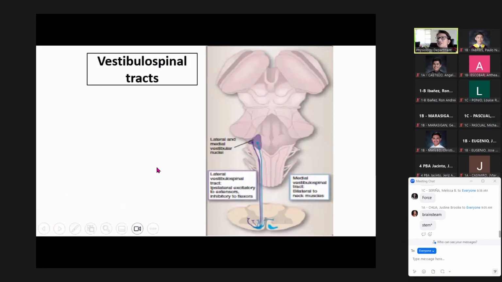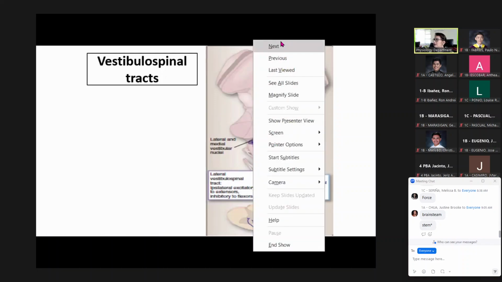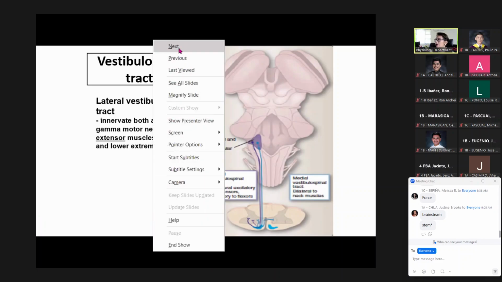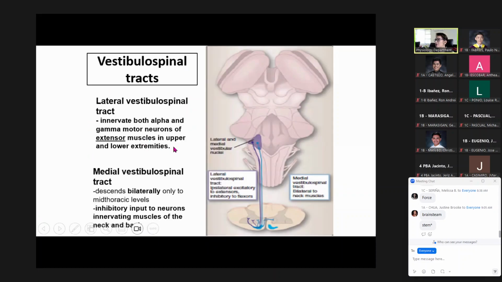So these are your vestibulospinal tracts. It's divided into two. You have the lateral vestibulospinal tract, which will be innervating the extensors, the anti-gravity muscles, in the upper and the lower extremities. What about your medial vestibulospinal tract? The medial vestibulospinal tract will be innervating muscles of the neck and back, specifically the upper back.